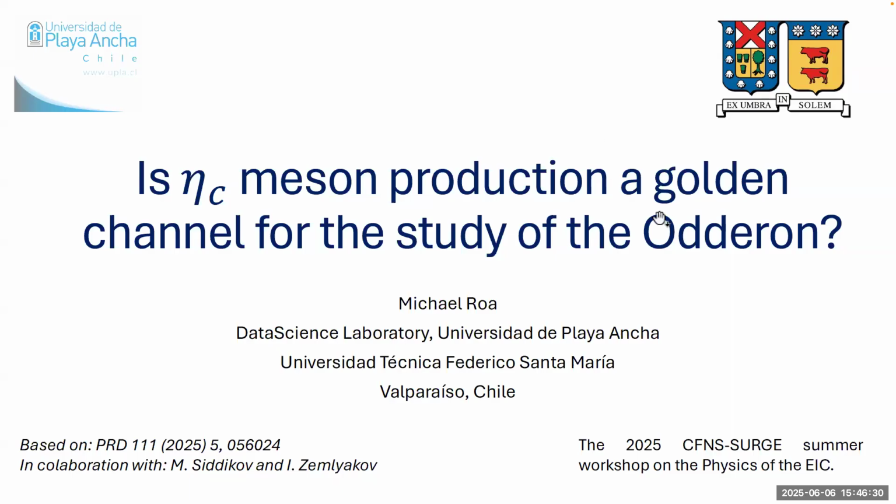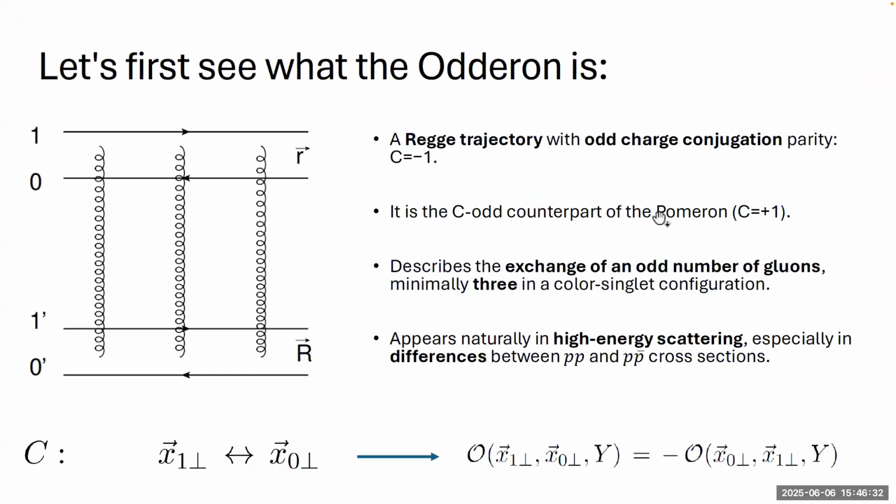So let's first give a little review of the Odderon. The Odderon in the pre-QCD era was, or is, a Regge trajectory with odd charge conjugation parity, C equals -1.